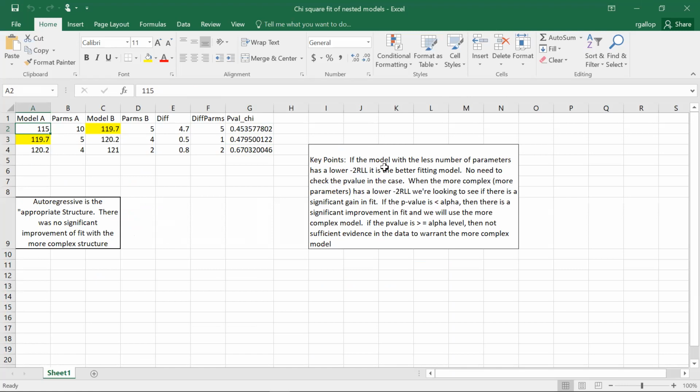So for us, I'm going to go ahead and look at the unstructured design, which gave a minus 2 restricted log likelihood of 162.7000398.